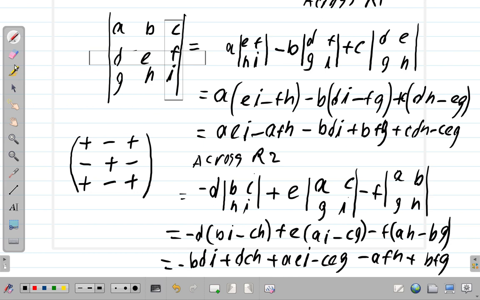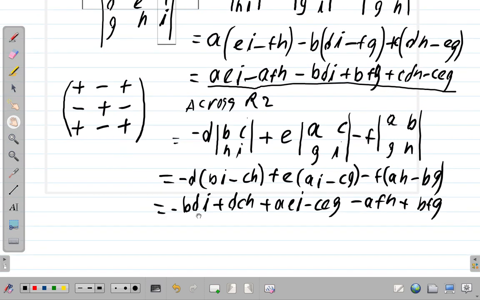Now, what we got first was this. Let's rearrange what we have down here. This is equal to, we have AEI here, so we have AEI. There's a minus AFH. Is there one down here?